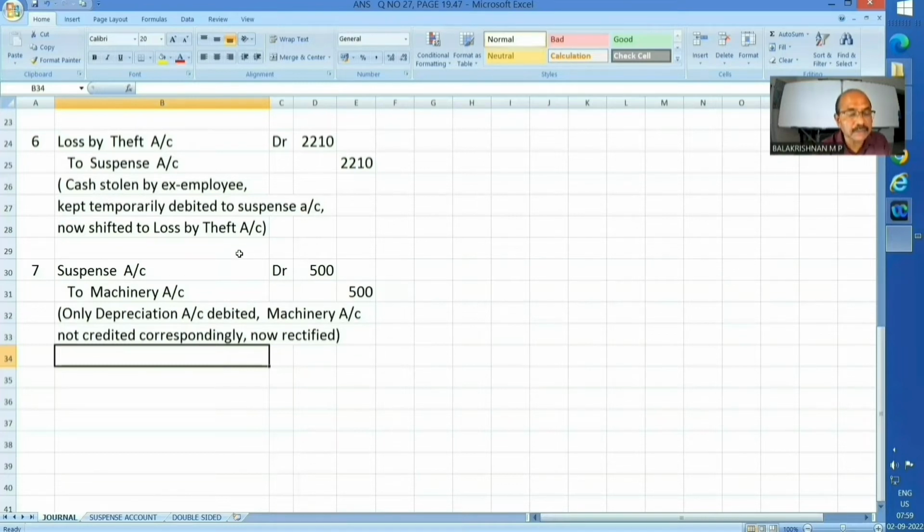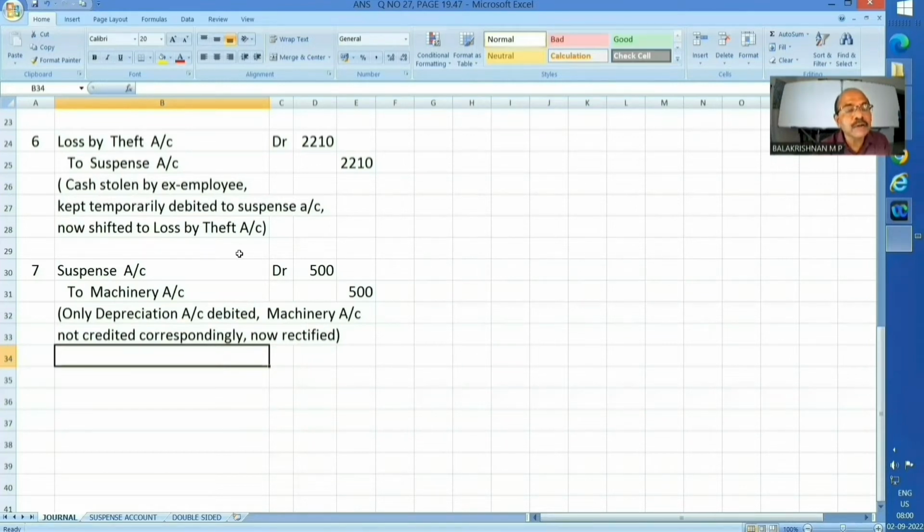One day, an ex-employee stole rupees 2,210 from the office. They wanted to chase him and get it. Till then, they kept it in suspense account. So in the cash book, suspense account was debited, or in other words, an entry was shown by suspense account on the payment side of the cash book.